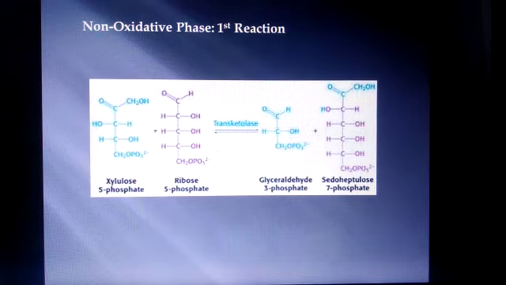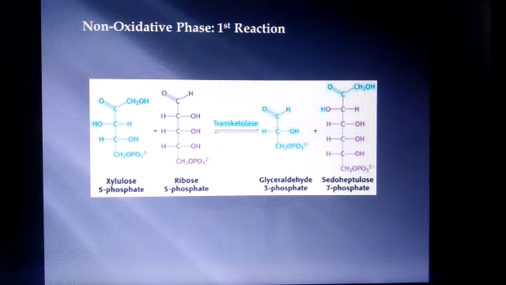So the first of the three reactions linking the pentose phosphate pathway and glycolysis is the formation of glyceraldehyde 3-phosphate and sedoheptulose 7-phosphate from two pentose sugars, two C5 compounds, ribose 5-phosphate and xylulose 5-phosphate.